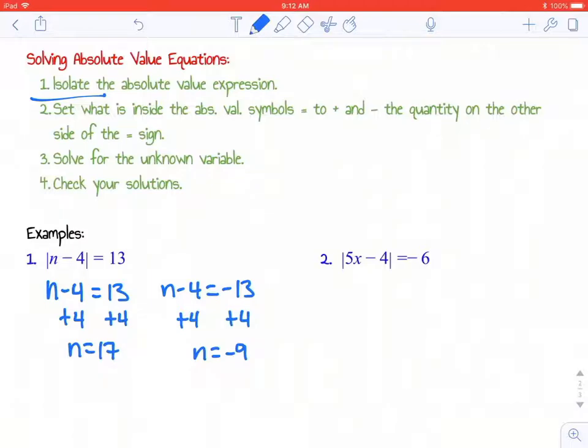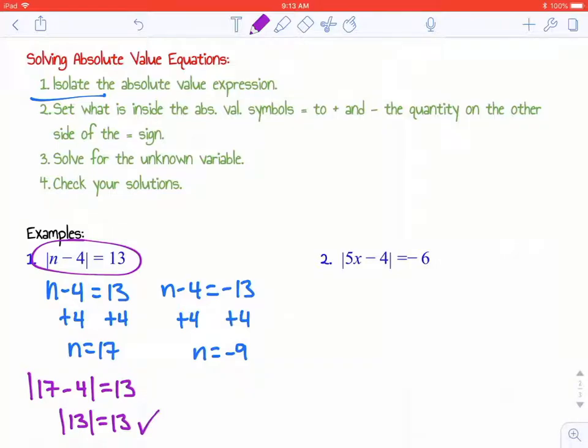But then we have to check our work, so I'm going to use a different color to plug it back in. You always want to plug it back into the original problem. So the absolute value of 17 minus 4 is equal to 13, and you're checking to see that that is true. So that gives us the absolute value of 13 is equal to 13, and yes, that is indeed true.